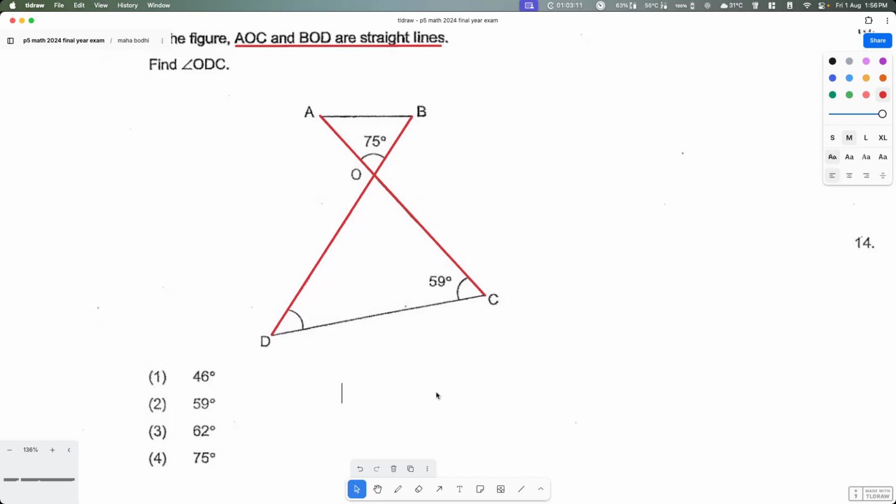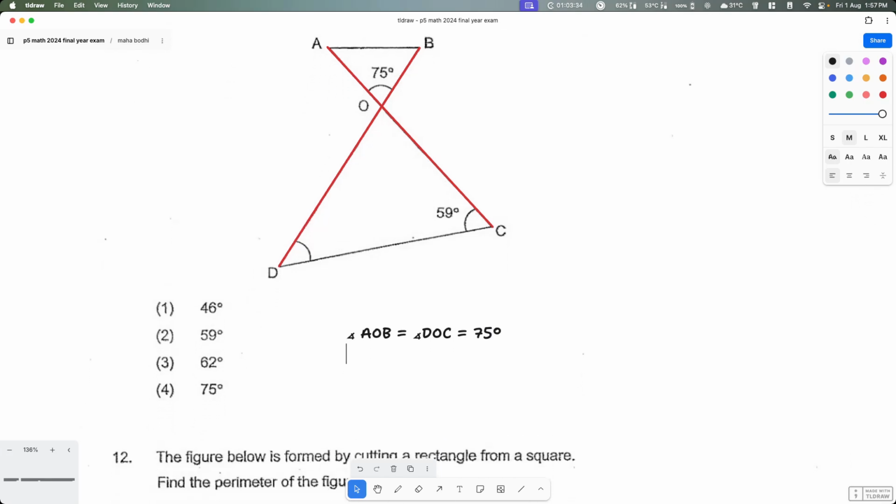So normally what you'll do is that angle AOB is equal to angle DOC, which means both of them are 75 degrees. So now we can just minus.